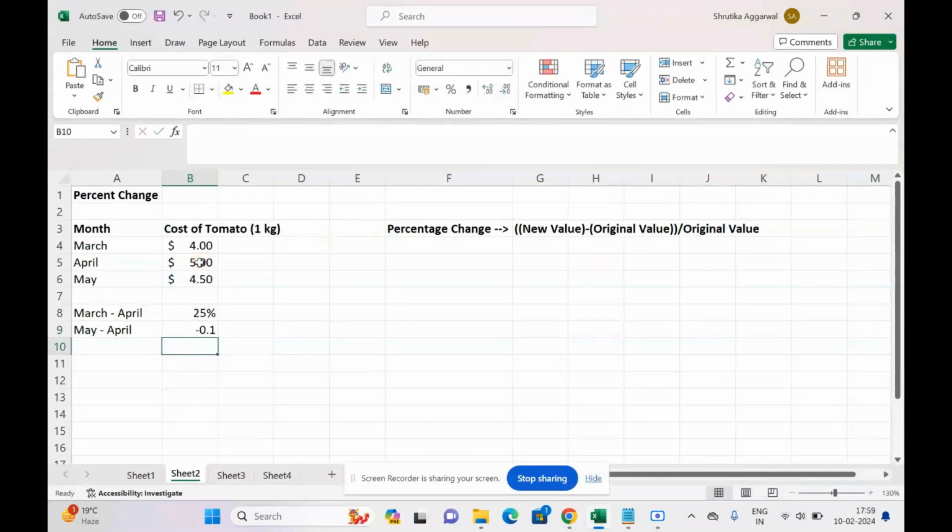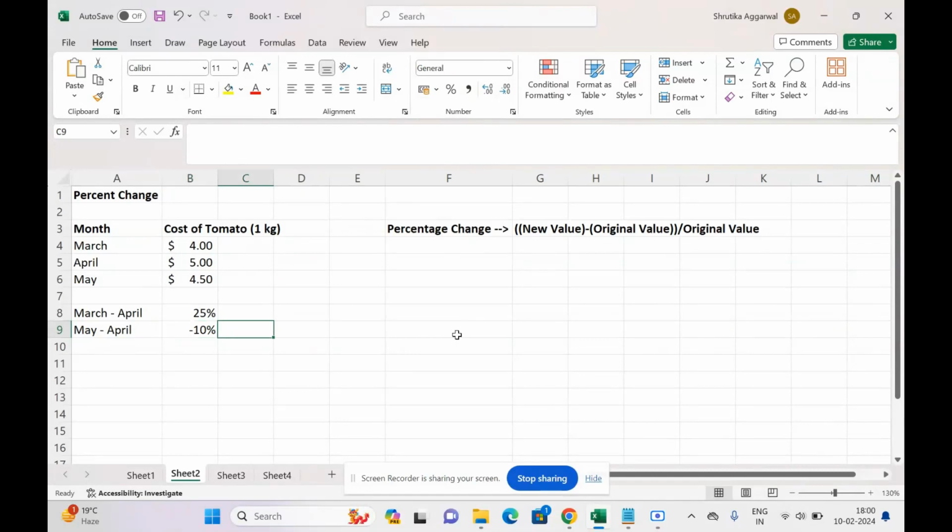I hit enter and I get minus 0.1. To again change this to percentage, I come up, sorry, I hadn't selected the cell. So I come up, I select the percentage sign, and it says minus 10%. So that was a decrease.